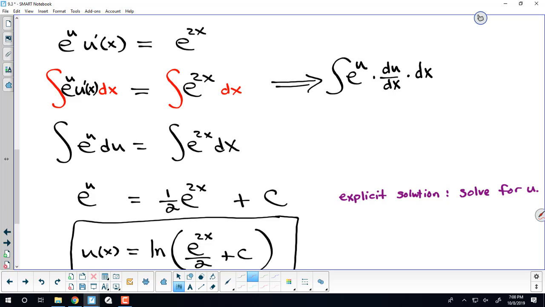Let me go over this again. We're actually just introducing integration with respect to x on both sides. That's what we do to both sides of our equation, and the dx just divides out. Is that what you were asking? Okay. Any other questions on that?